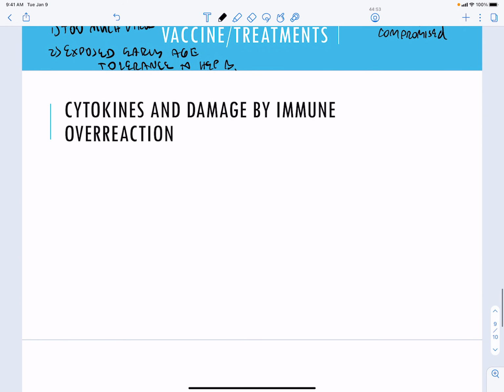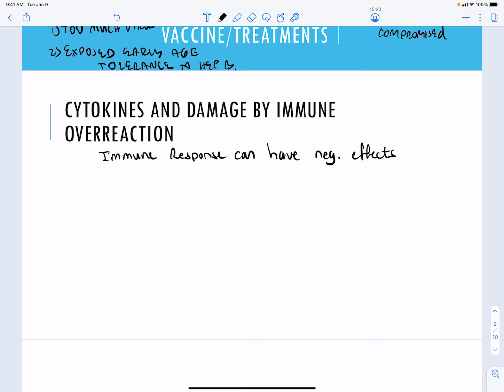Okay, so again, your viruses and bacteria can infect you and do damage, but your immune system can do damage as well. So the immune response can have negative effects. However, as you know, we can't survive with most pathogens.